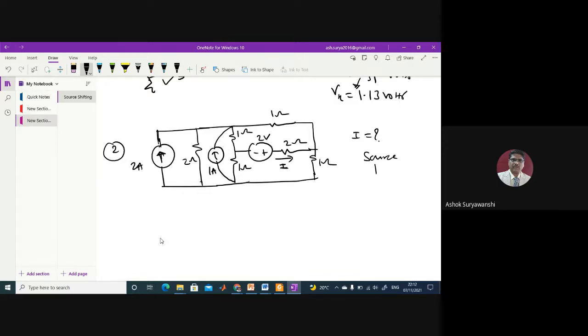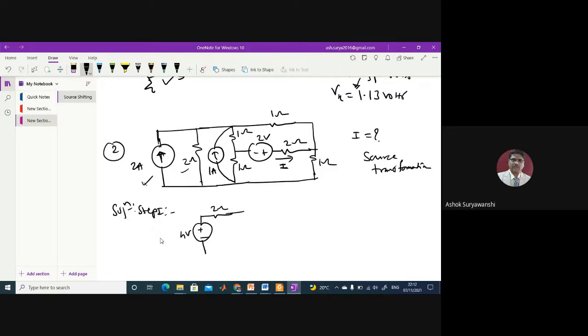You have to find the current I using source transformation. So when you start the solution, step number 1, look at the circuit diagram. Somebody will say, okay, directly transform this current source and this resistance. Fine, let's transform this and see what happens. If I transform, I get a voltage source in series with the 2 ohm resistance, V is equal to IR, so 4 volt.